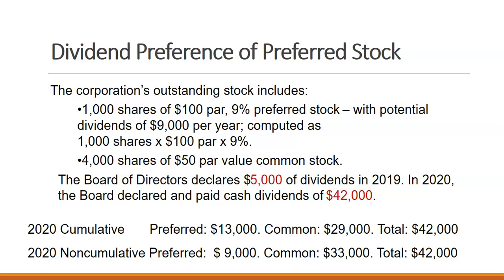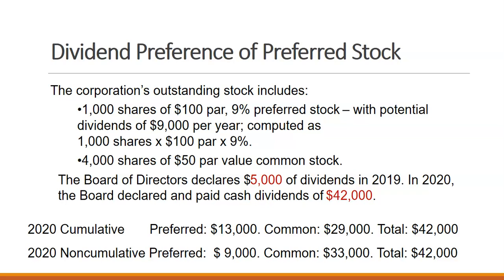So underneath here we see if it's cumulative, we paid $5,000 of that $9,000 in 2019, which in 2020 we have to pay the rest of that and another $9,000, and then whatever is left can be distributed among common stockholders. If it's non-cumulative, then in 2020 we don't have to pay that remaining $4,000.